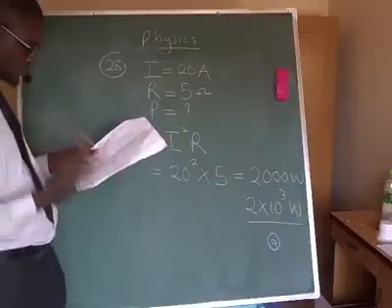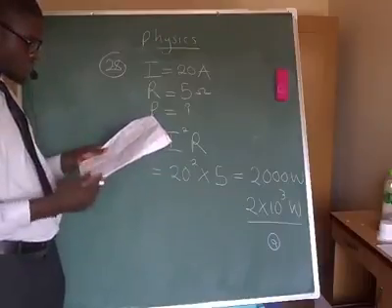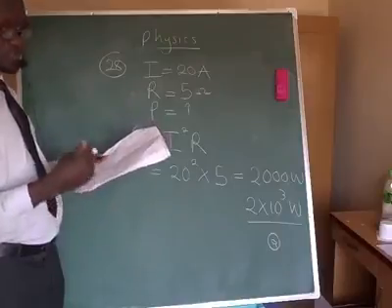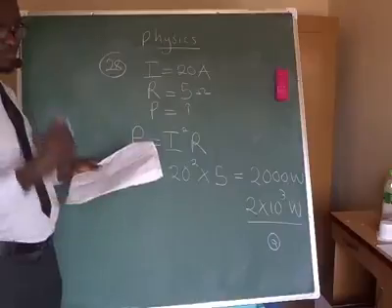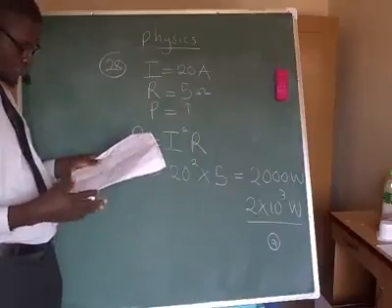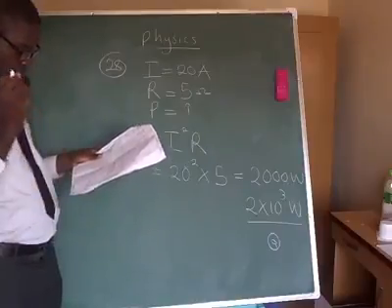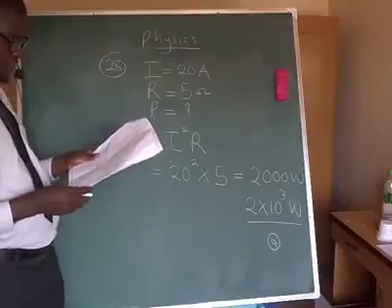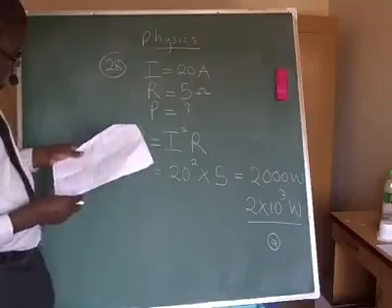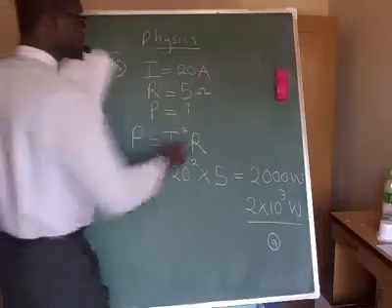So B is also true. C, atoms of different elements have different atomic weights. Of course, atoms of different elements have different mass numbers, atomic masses, that is atomic weight. But D says atoms of all elements are identical. So this one is not true about atoms, option D. So the answer to 29 is option D.